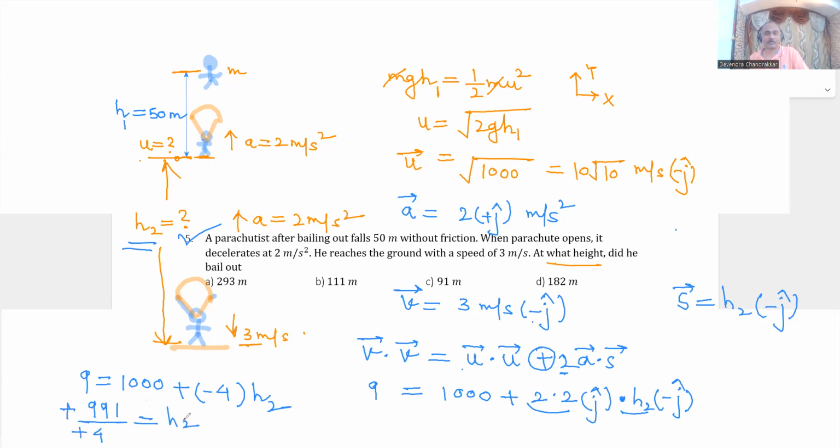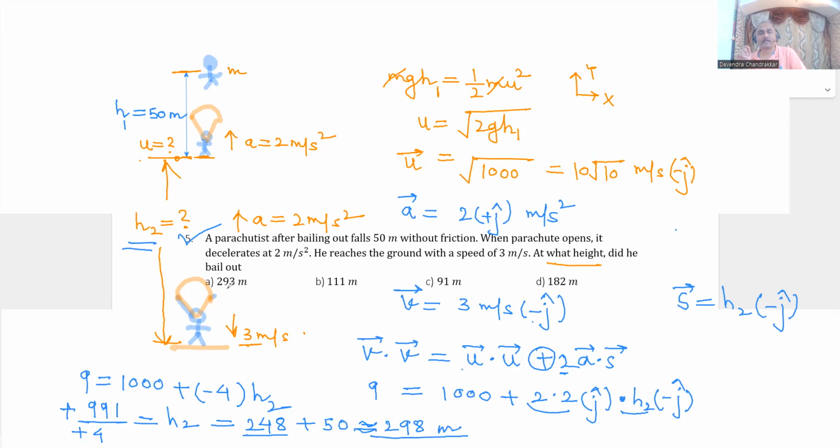So this is what we have. 2 fours are 8, 4 fours are 16, 31. Approximately I'll take it as 248 plus 50. Okay, 50 meters was the initial height. This will be approximately this much only. So this is 298, approximately 298 meters.